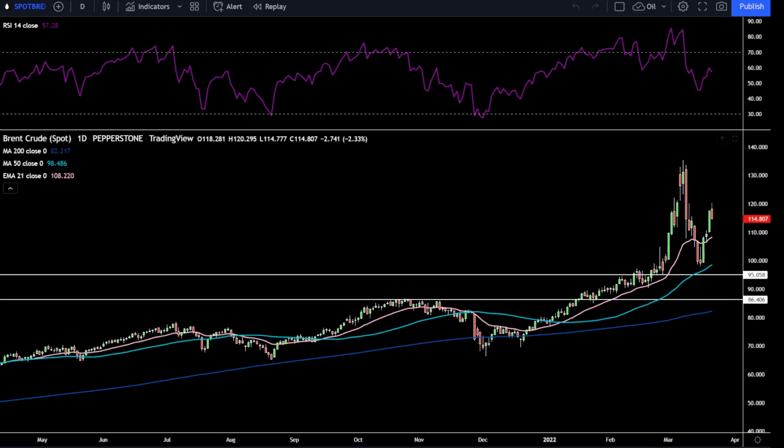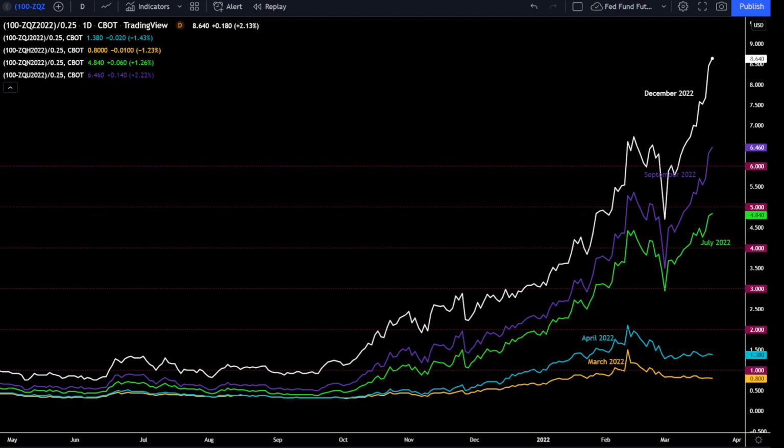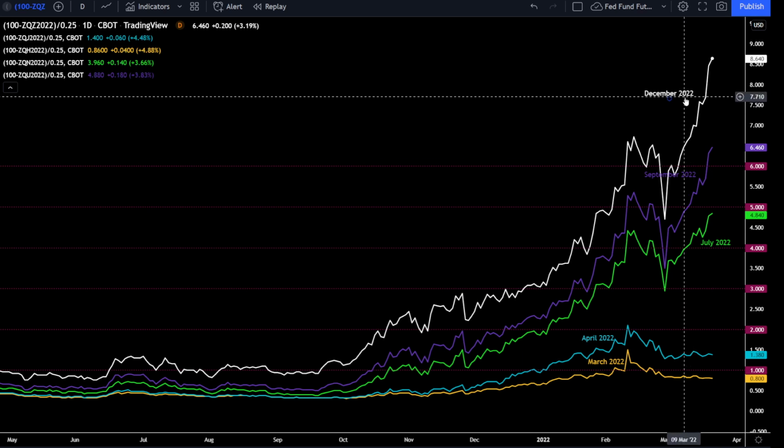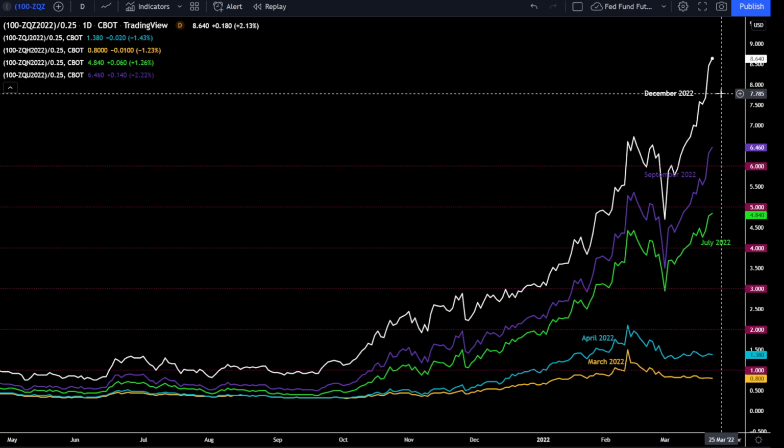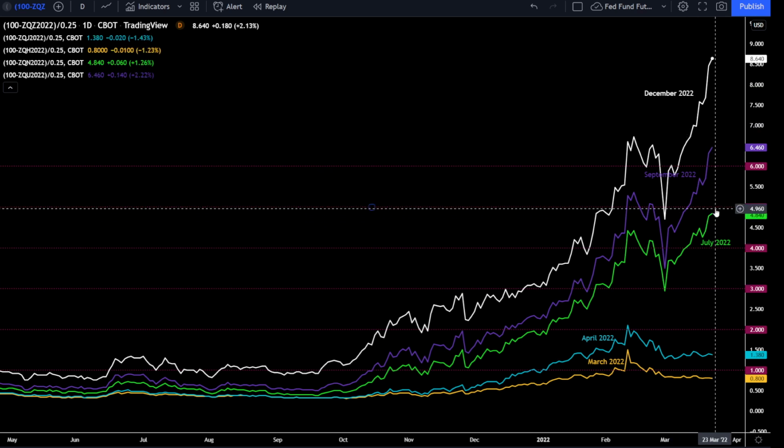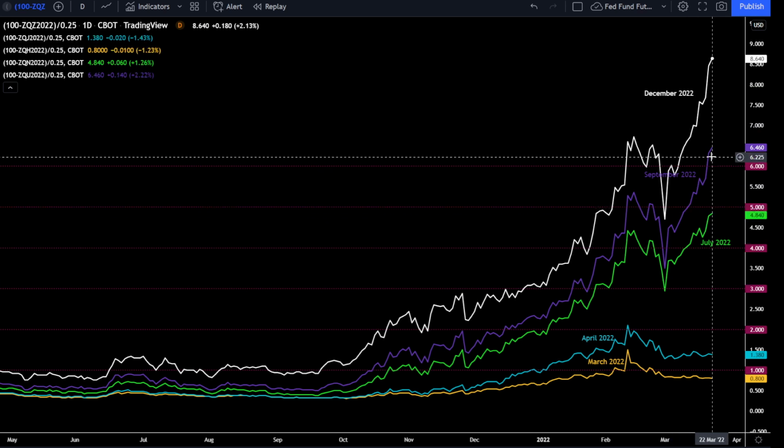Let's take a quick look at interest rate pricing because, wow, the December 2022 Fed Funds futures contract is now pricing in, apologies, 8.6, almost 9 hikes for the rest of this year. We've seen July now almost move up to 5. September's in the 6.5 area.